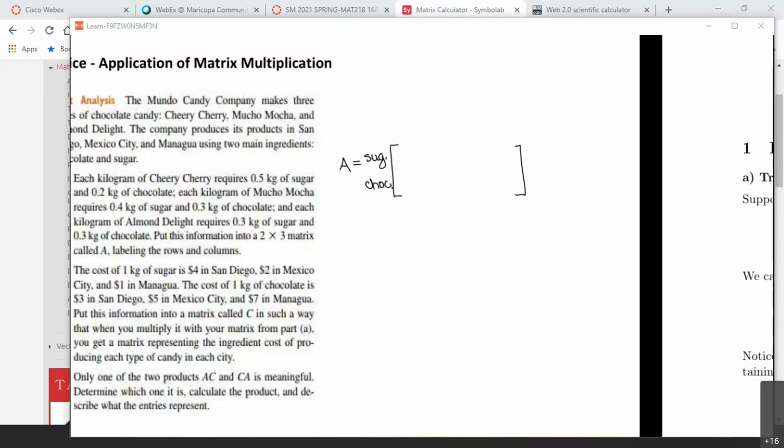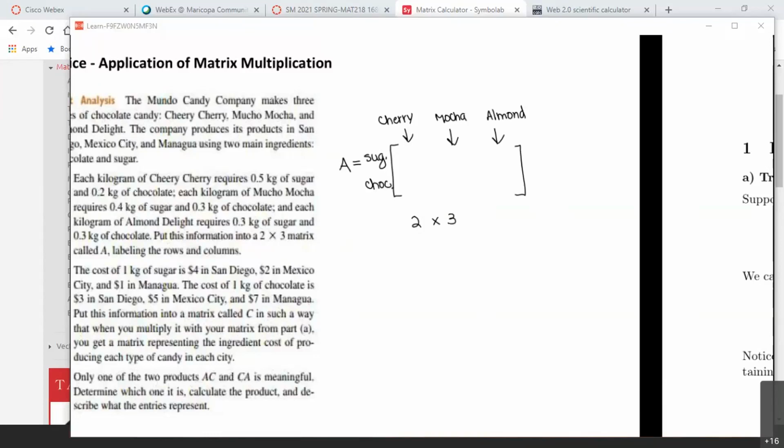Okay, so what do the columns correspond to? What do you think the columns correspond to? Yep, the types of candy. Good. So let's call this one cherry, mocha, and almond. Okay, so now you have a 2x3 matrix, right?